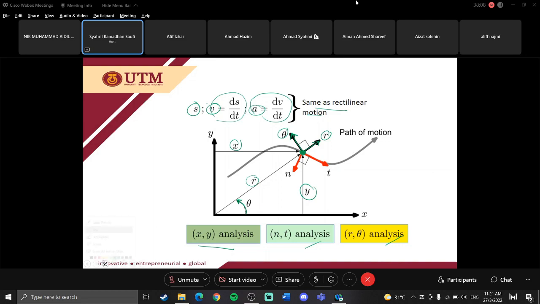For the NT analysis, at this position, this is your curve. Tangent to the curve is your T, and inward to the curve is your N. Please remember that. This is how to determine the direction and how to draw the axes at a certain position of the particle.